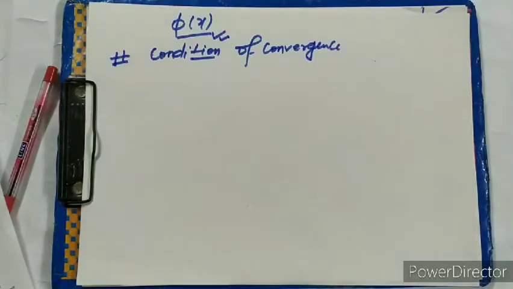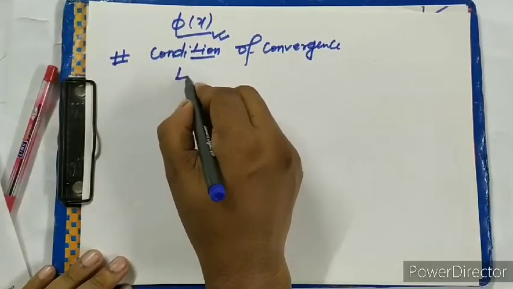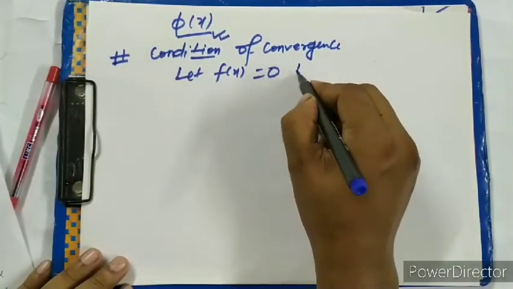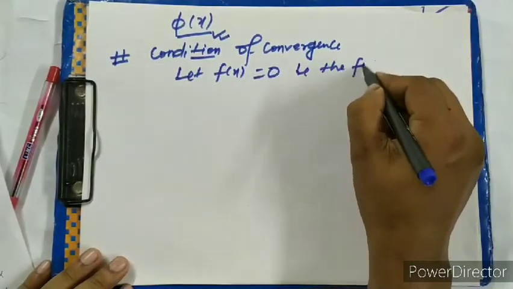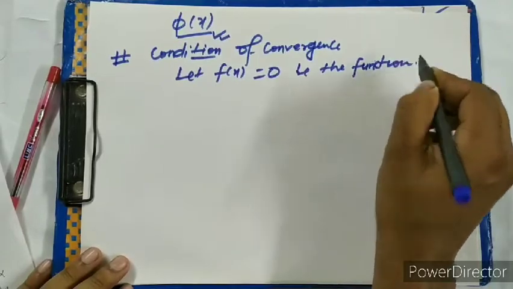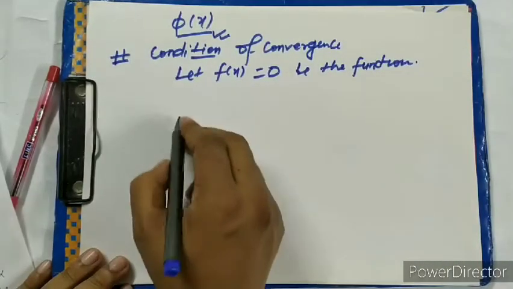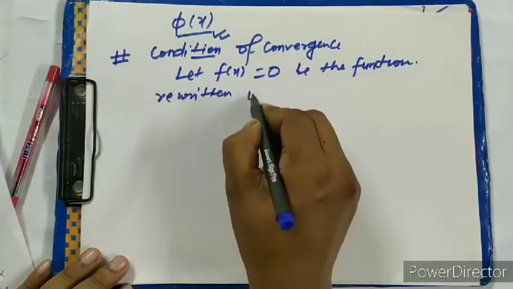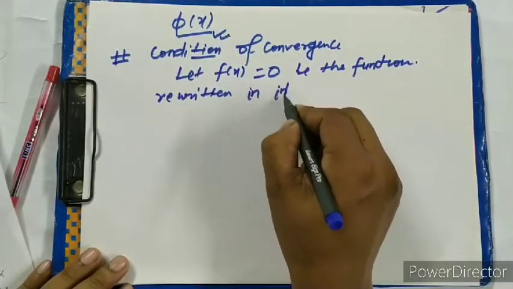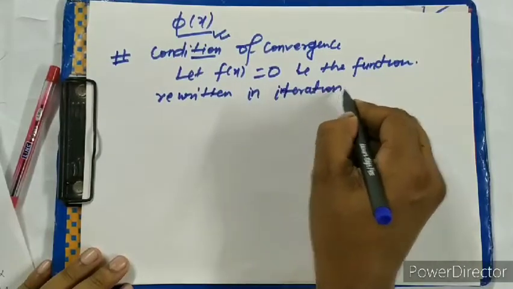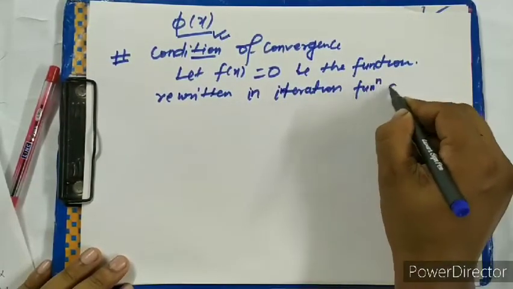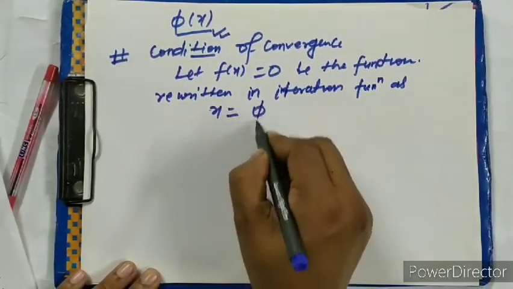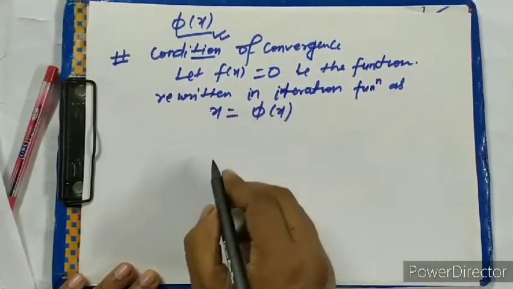Let f(x) = 0 be the function, rewritten in iteration form as x = φ(x).